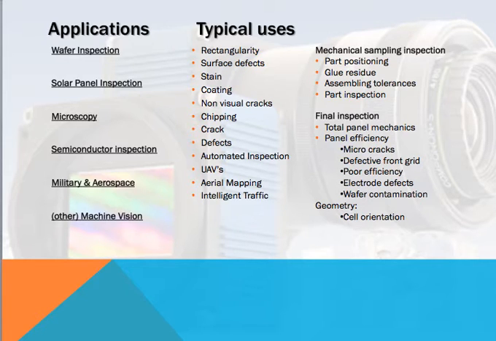The typical uses for these cameras are things like inspecting for defects in wafers, for example, automating inspection in factories, looking at things like cracks and different types of disconnects in circuit boards, and intelligent traffic.